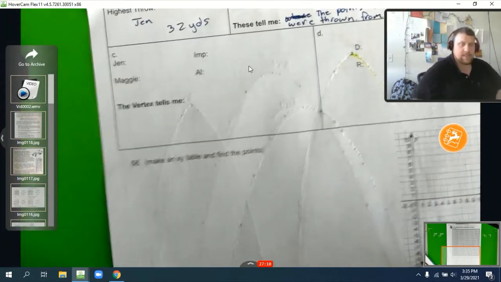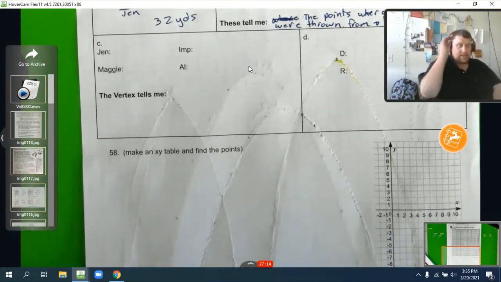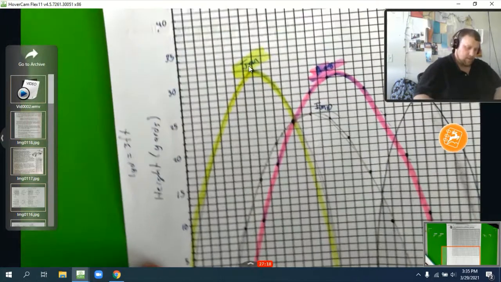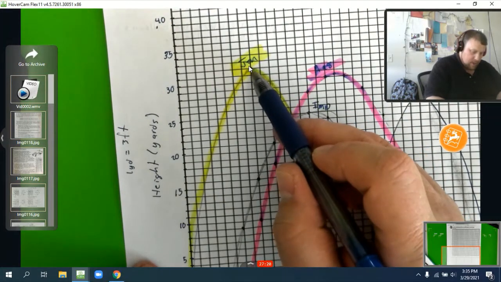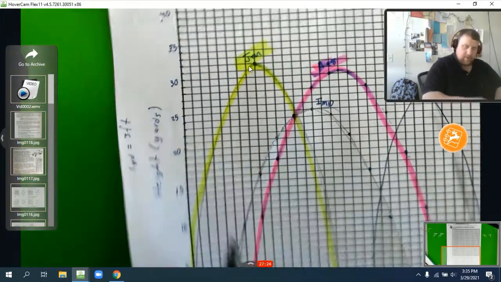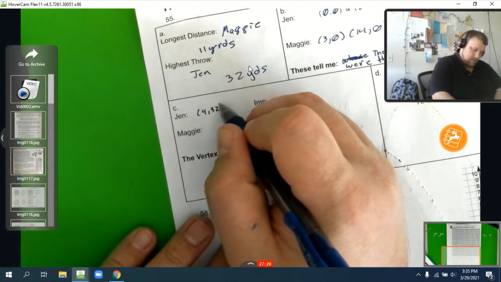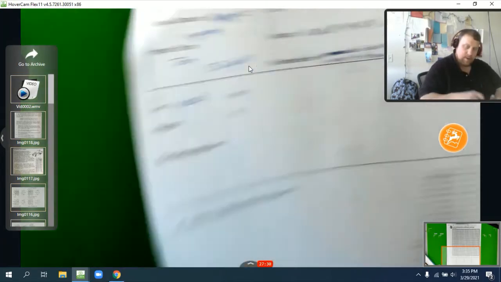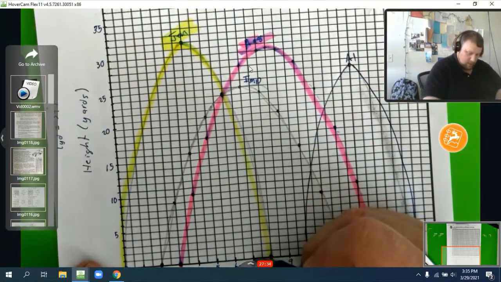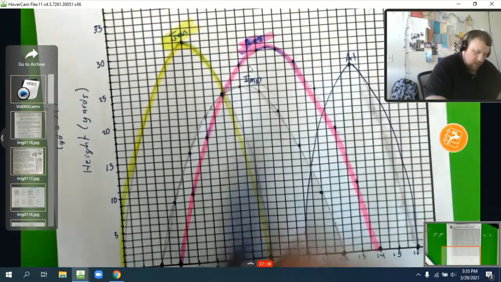On C, it asks us what's the vertex of each graph. The vertex is the highest point of each graph. So let's look at the vertex. For Jen, it's at the point, follow it down, x first, (4, 32). For Imp, follow it down, it's at the point (7, 25).